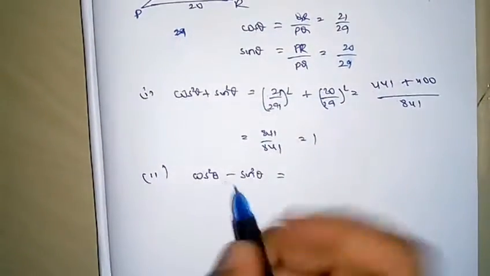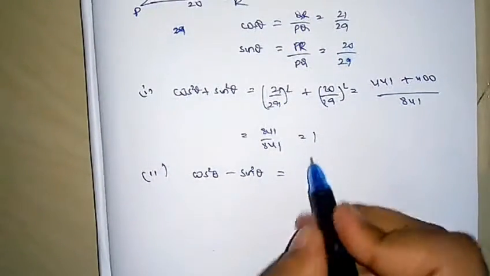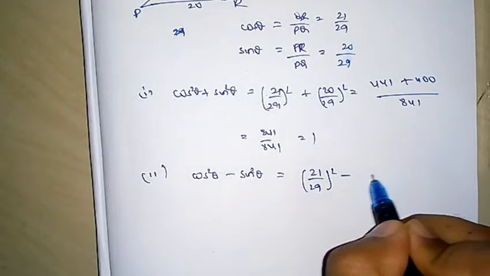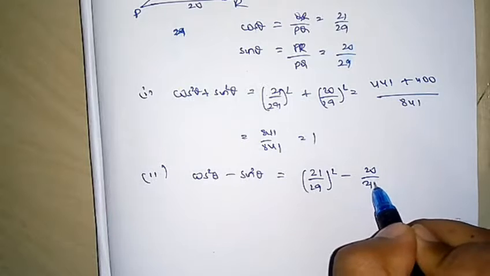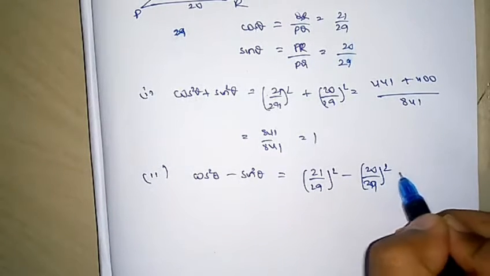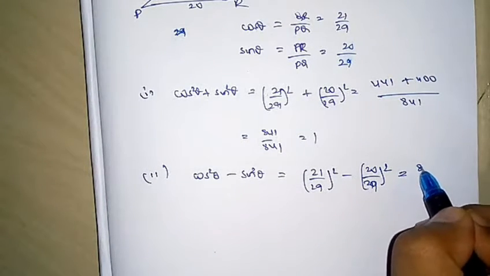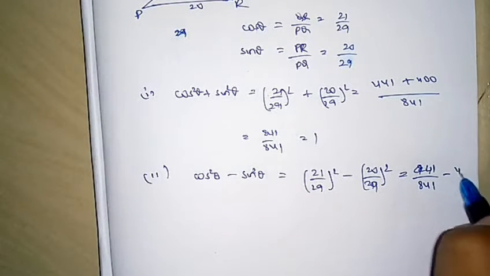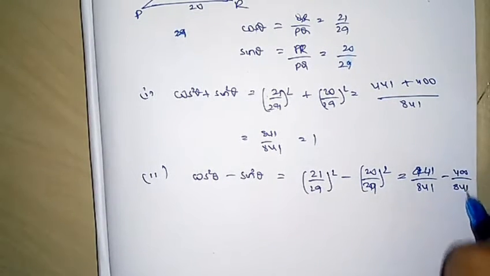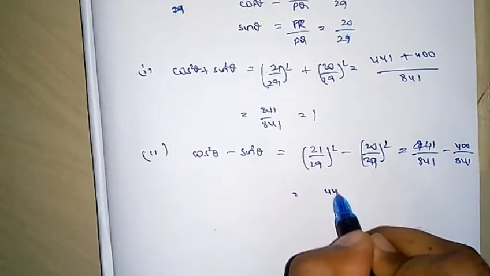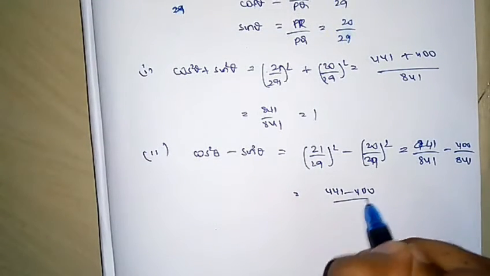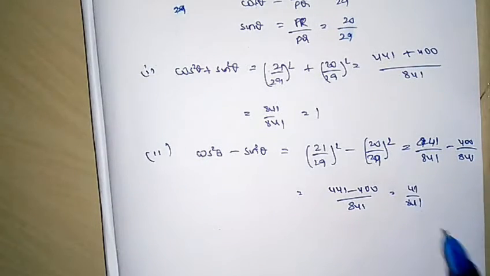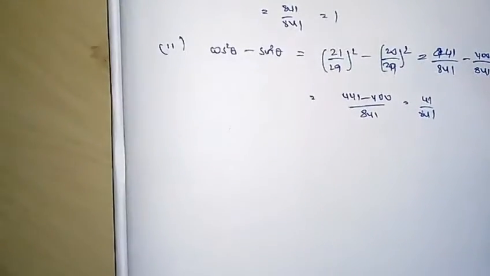So cos theta is 21 by 29 whole square minus sin theta is 20 by 29 whole square. So this will be 441 by 841 minus 400 by 841, which is equal to 441 minus 400 by 841, which will be equal to 41 by 841. So this is the answer.